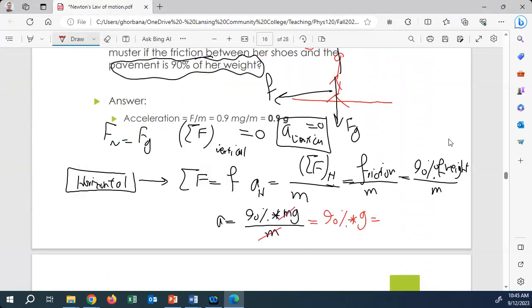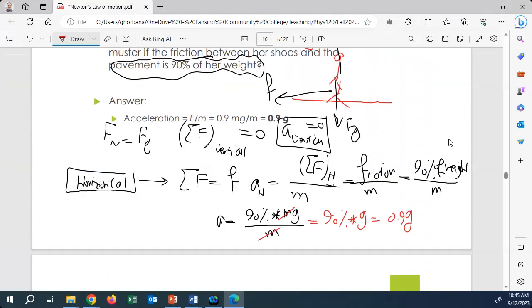We need to convert the percentage to a decimal. 90 divided by 100 is 0.9. So 0.9 of g. g is 9.8 or 10.